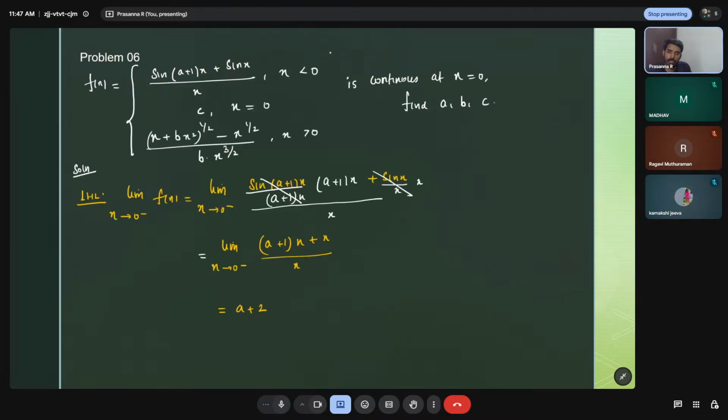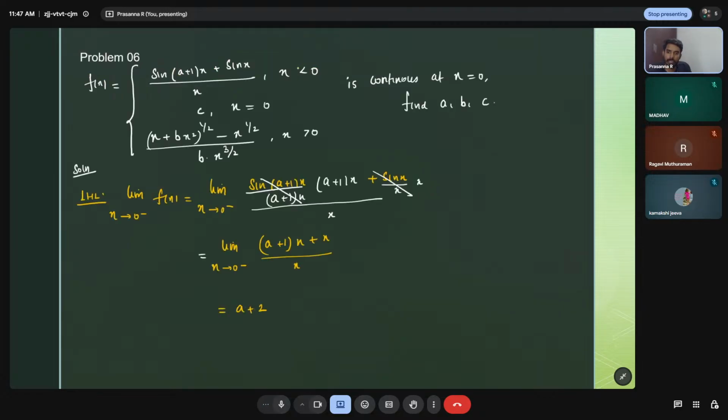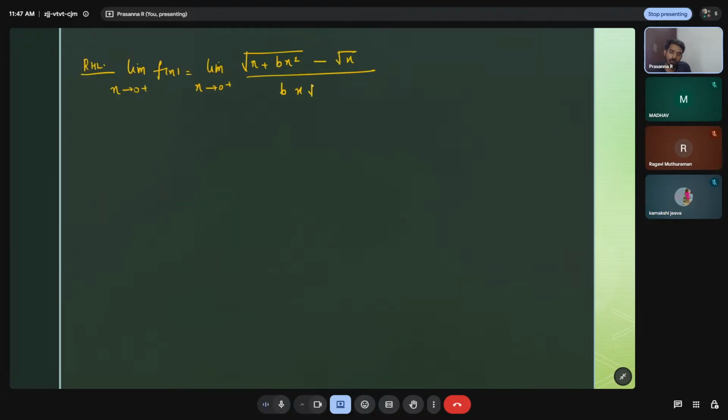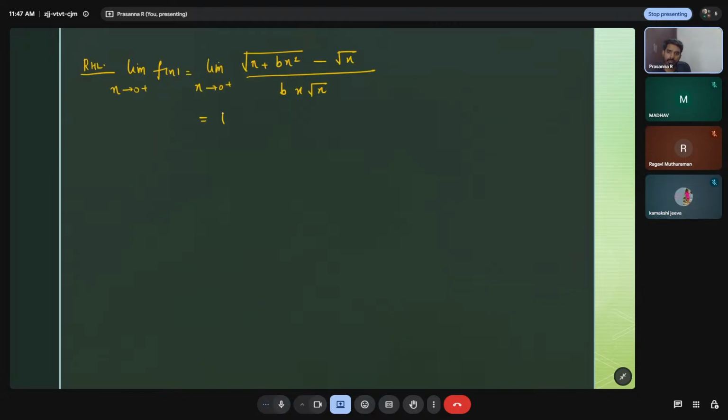Now you find the RHL, the limit as x tends to 0 from the right of f(x). Your f(x) is (√(x + bx²) − √x) divided by b times x√x, and x√x is x^(3/2). As in the previous problem, you take √x common.